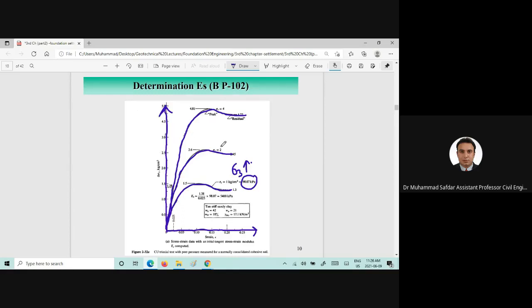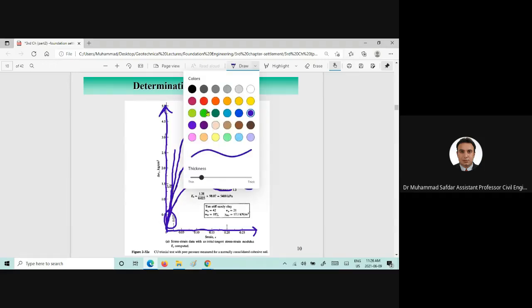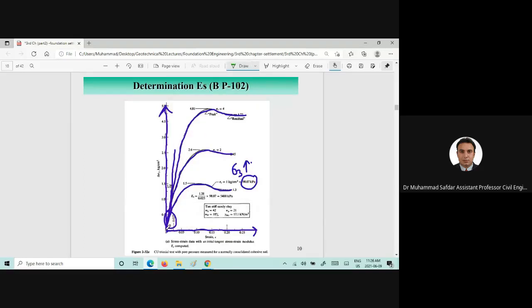So if you want to find out the initial tangent modulus in the small strains, you can see that it's almost the same. A slight increase is occurring, but an obvious increase in the modulus of elasticity can be seen if we are finding it at a particular strain level for different confining pressures, or an increase in the confining pressure.